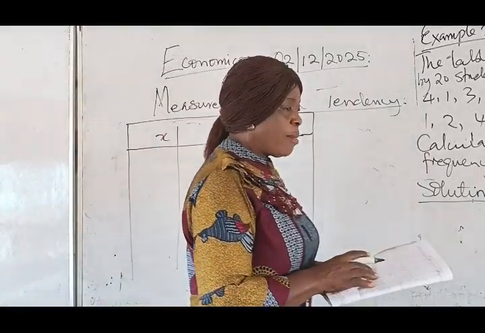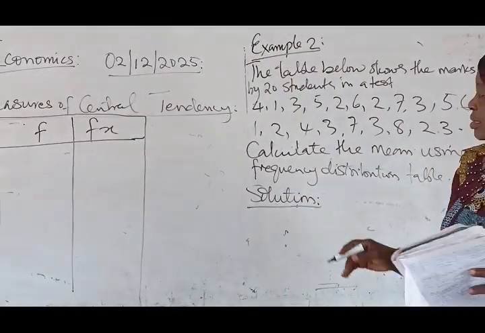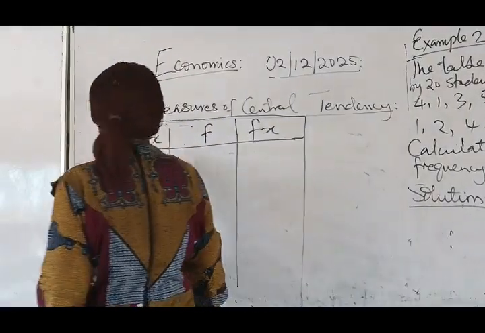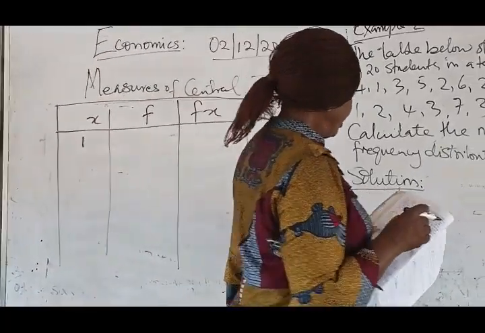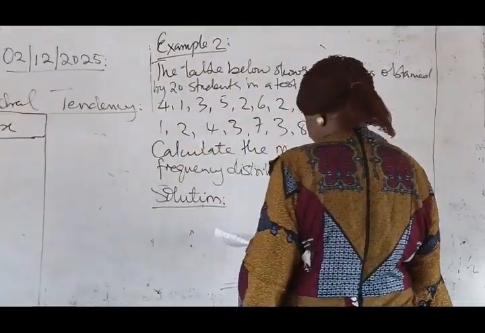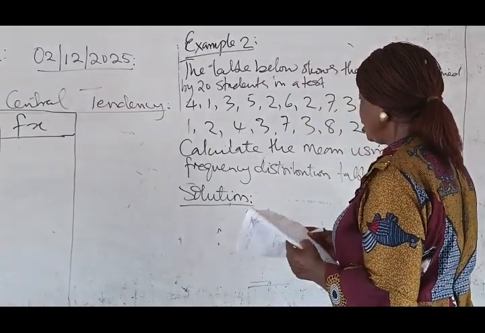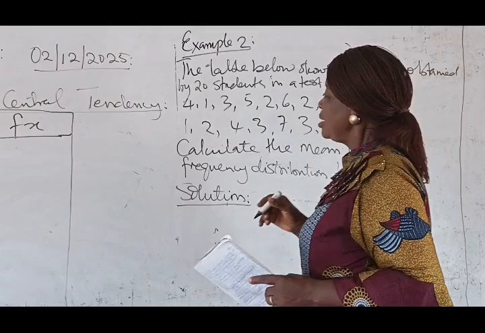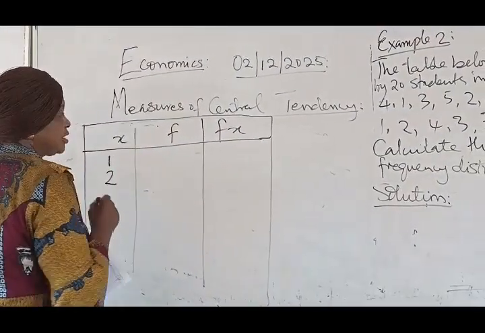Now, you come back and look at the figures. Check out the smallest number there, which is 1. You look out for the highest number. The highest number here is 8. So we have 1. Do we have 2 here? Yes, we have 2, because you have to arrange it in this form.